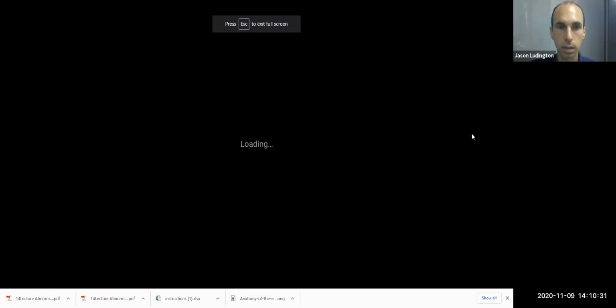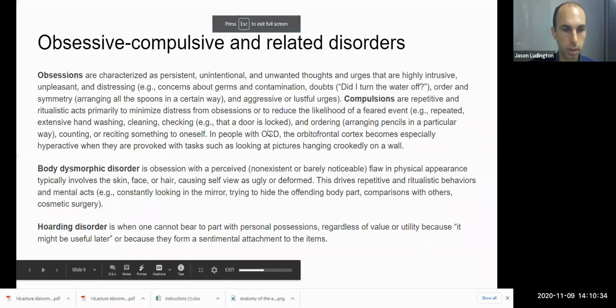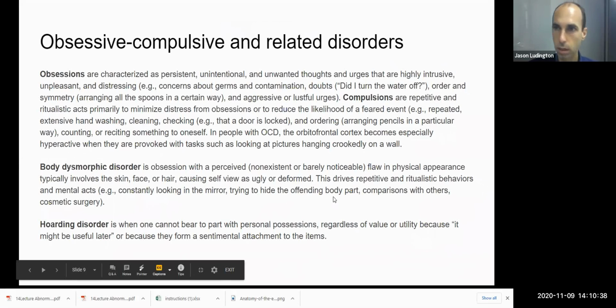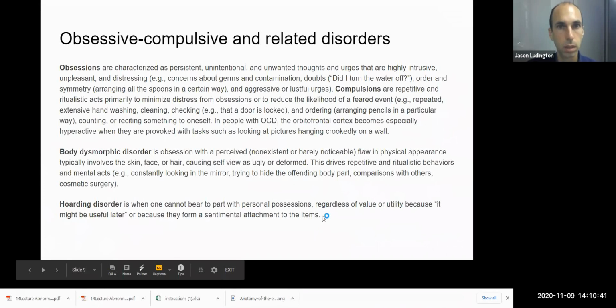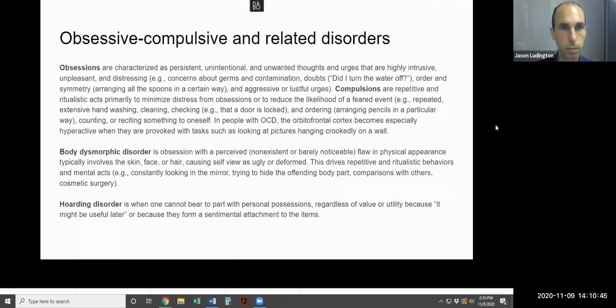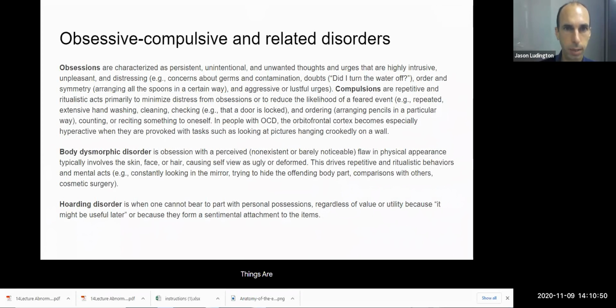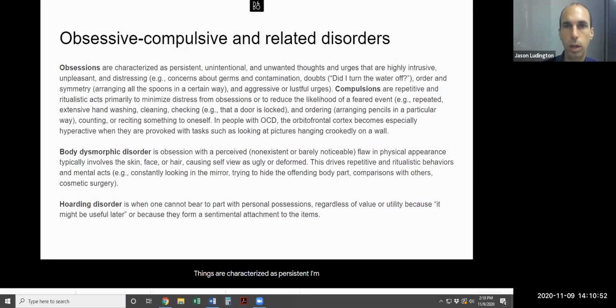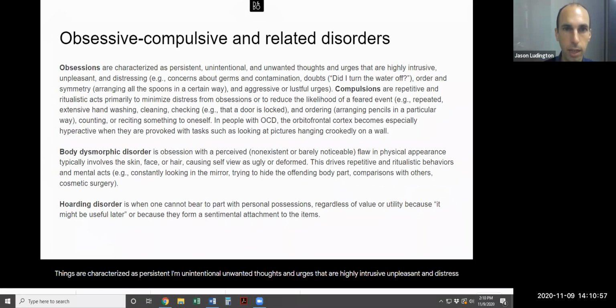Next slide is on obsessive compulsive disorder. Obsessions are characterized as persistent, unintentional, unwanted thoughts and urges that are highly intrusive, unpleasant, and distressing.